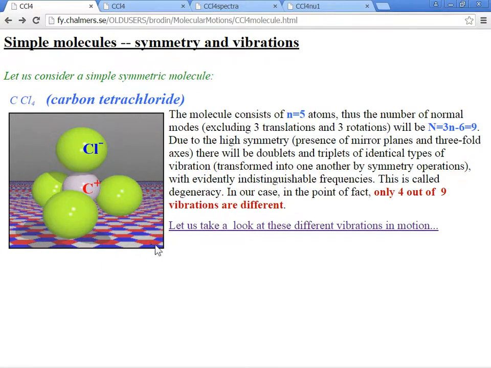Okay, there's carbon tetrachloride. Does it have a center of symmetry? Yes. And tell Jeffrey how you know that. This is the same atom around the carbon. You reflect through the center, right?